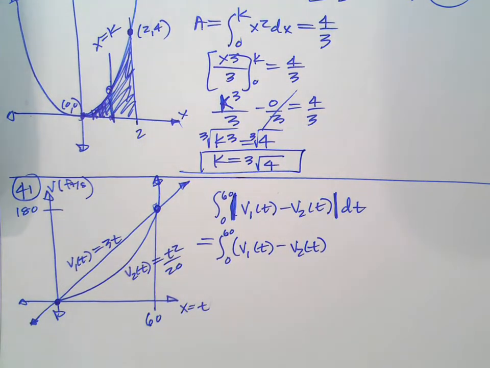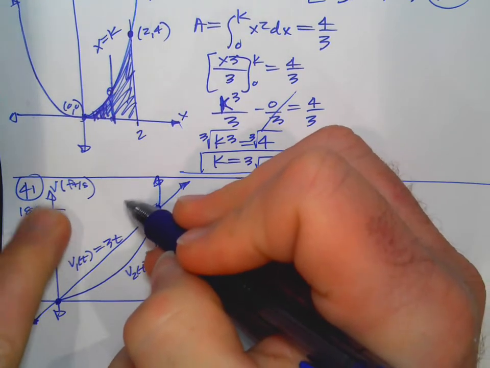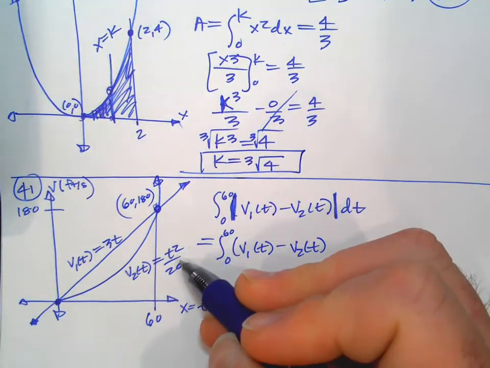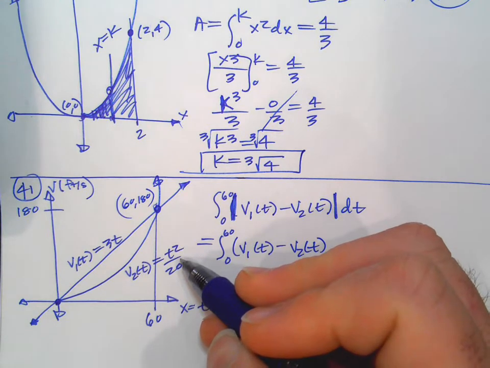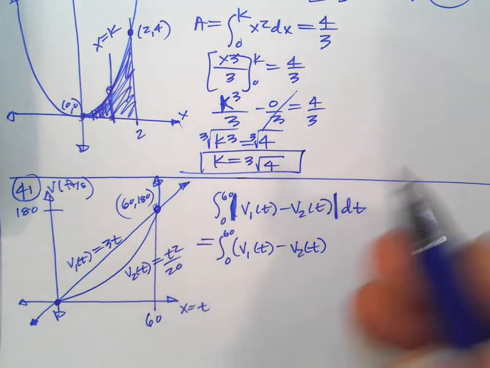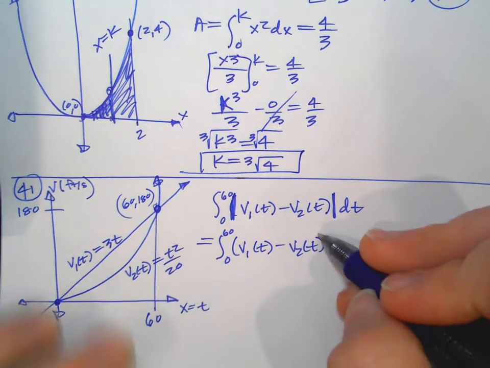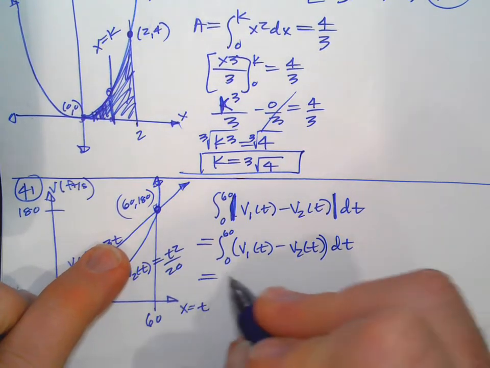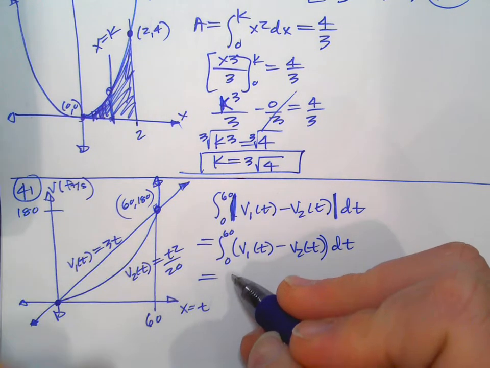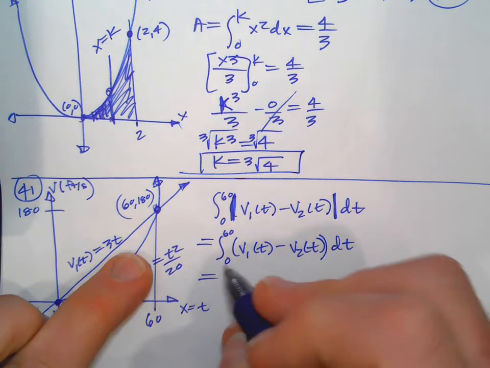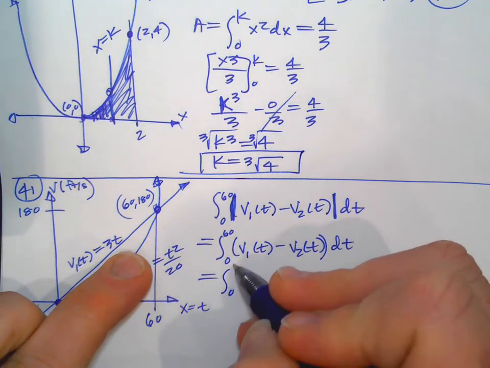Right? As you plug 60 into both these, you get 180 for this guy, and 60 in here would be 3,600 divided by 20, which is going to be 180. So we don't have to get too crazy with the absolute values. So then, let's see the values.